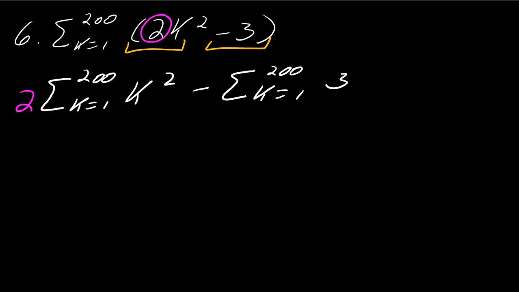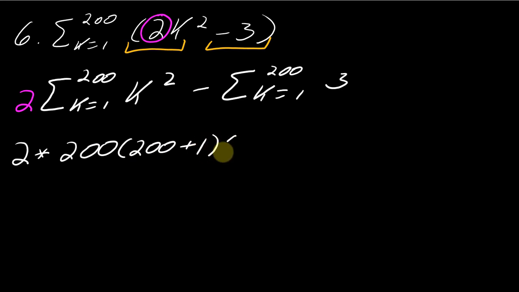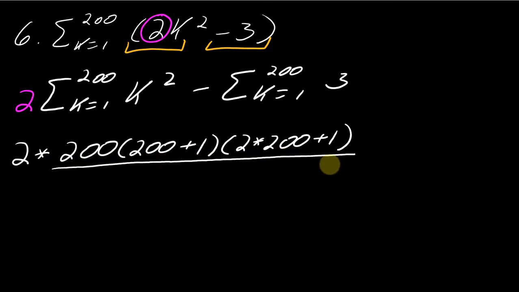Okay, so let's do this then. This is going to be 2 times, and then this will be 200 times (200 plus 1) times (2 times 200 plus 1), all of this divided by 6. So this is my k squared sum.